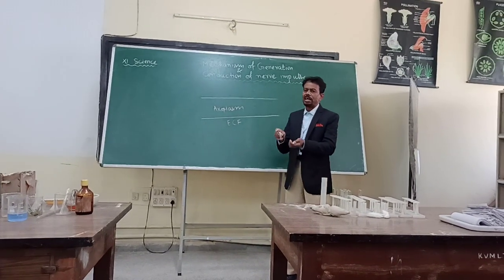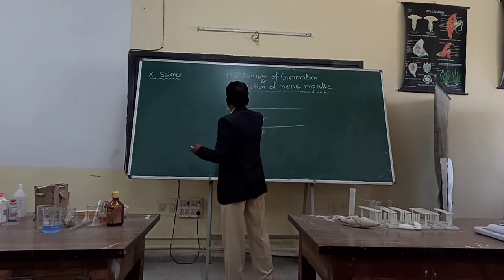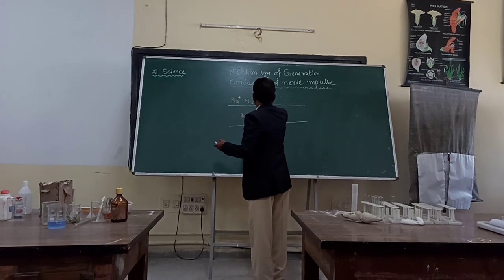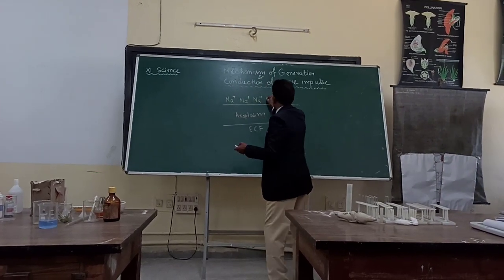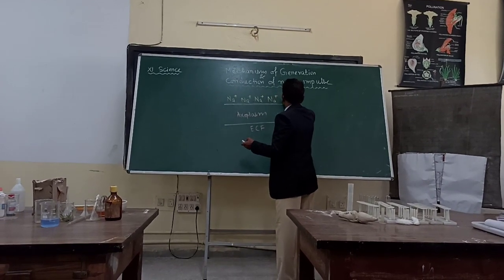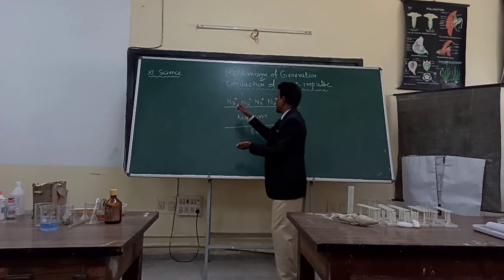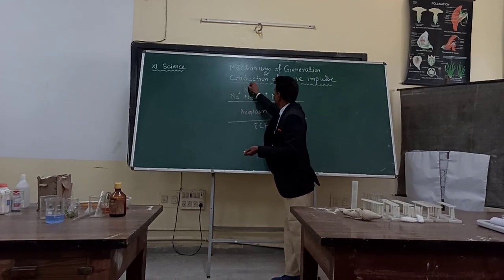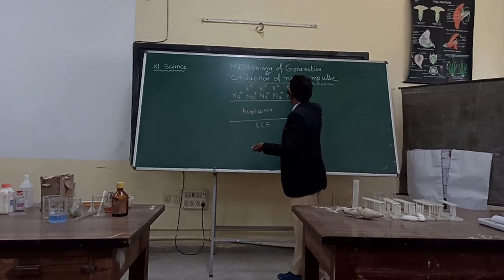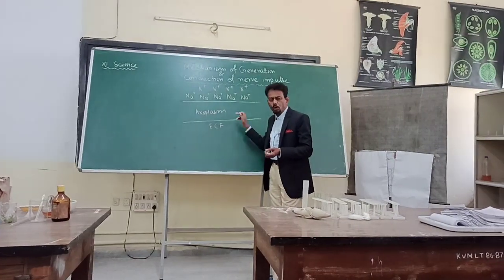Now, you have to understand what ions are present. Sodium ion outside, that is in the extracellular fluid, and potassium ion, K plus. Inside, that is within the axoplasm, what are the ions present?